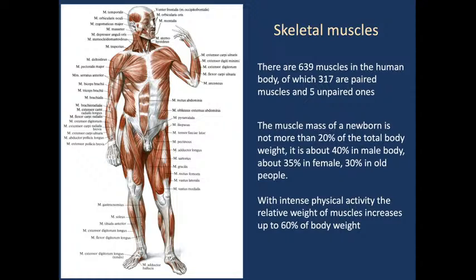For the male body it is about 40%. Men have more muscles than women. It is a common fact. But as you see, a newborn child has only 20% muscles of total body weight.